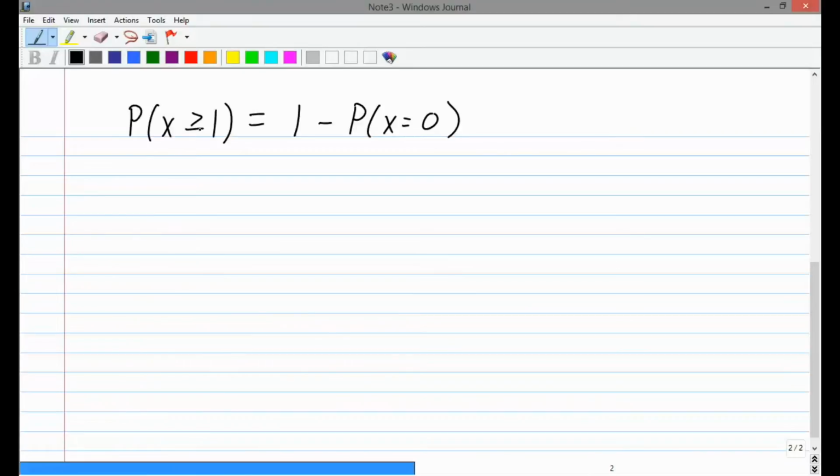So the reason I say that is because you have to use the binomial probability distribution formula, and you don't want to have to work that out for x equals 1, x equals 2, x equals 3, all the way up to 7, and then add them all together. So, let's see. The number of trials was 7. The probability of a success, p, is 0.5, since it's a coin.